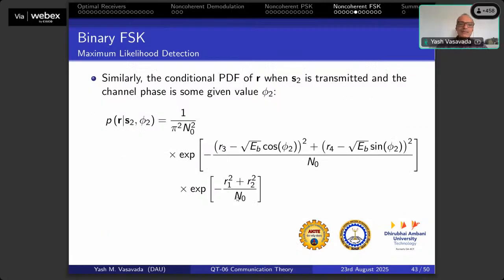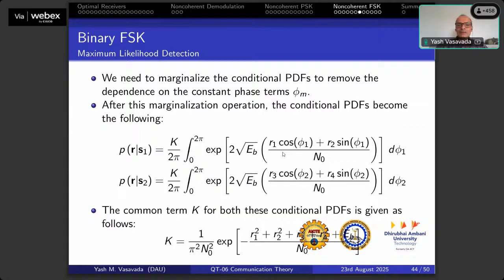Now, we can still not work with it because of these phase terms, phi1 and phi2. And so we have to marginalize it. This is a more detailed math that we have to do to evaluate the marginalized PDF of R given S1, R given S2. They require these integrals.